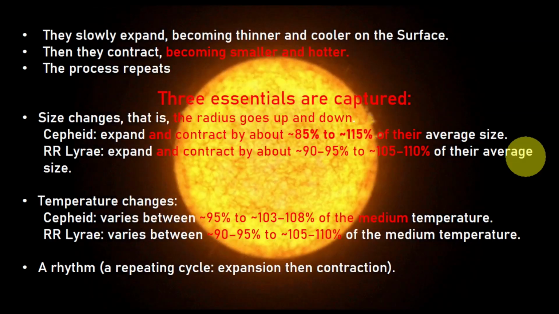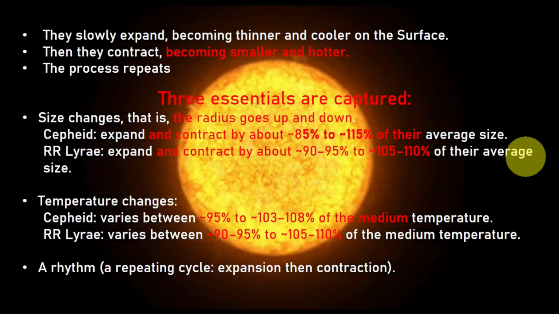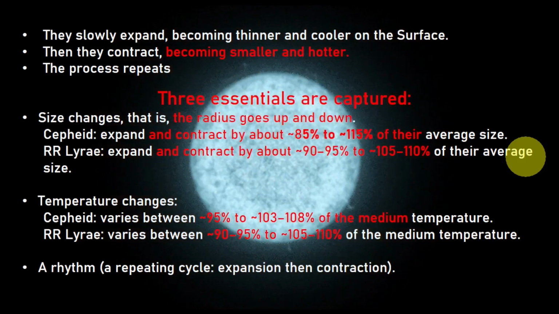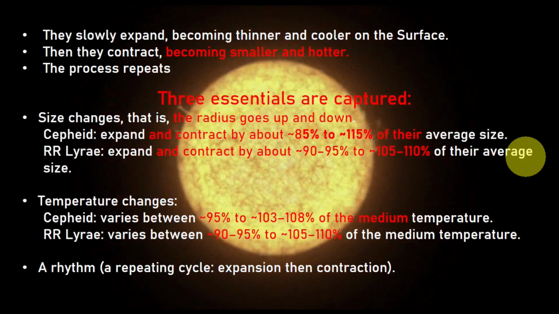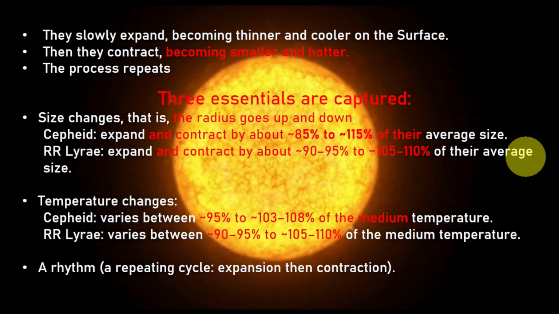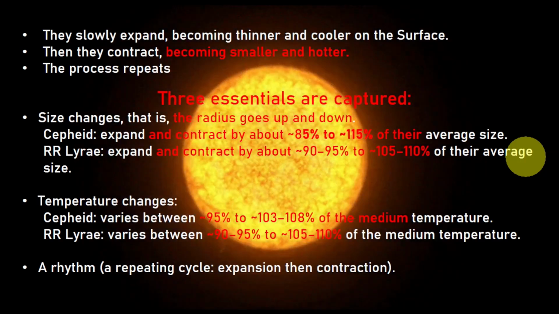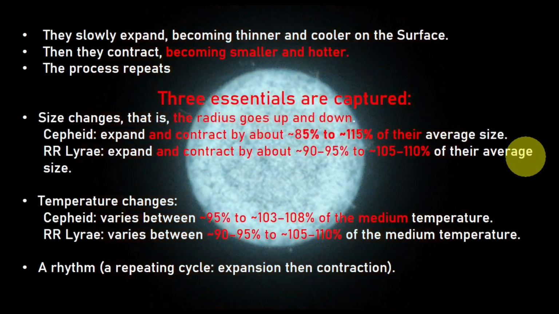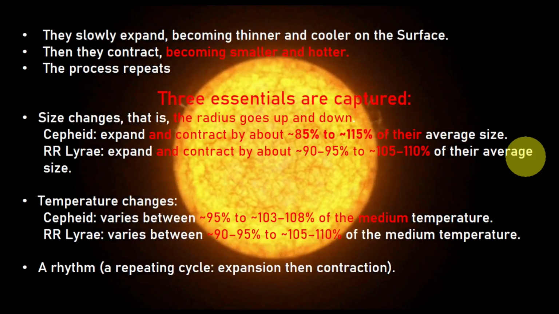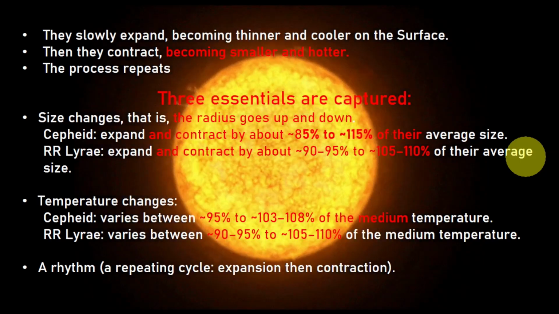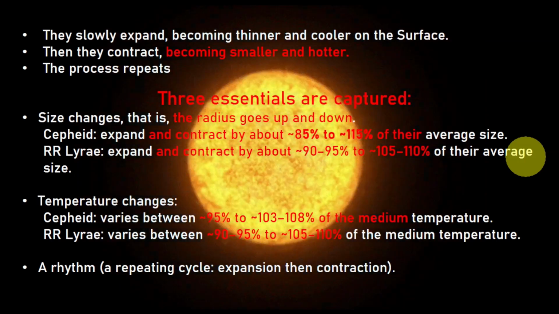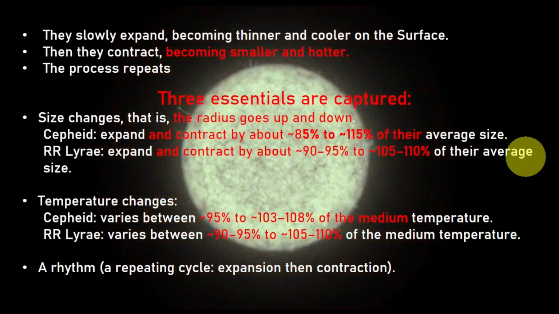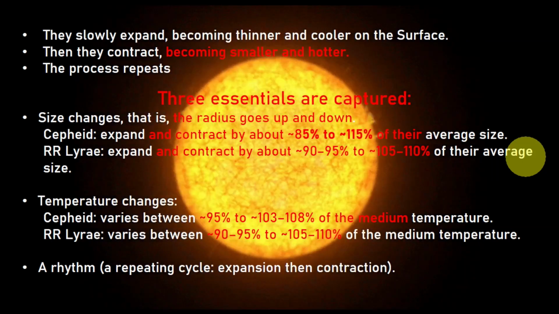Then in terms of temperature, there is also a change in temperature. For Cepheid variables, if the median temperature is 100%, they can lose about 5% of their heat, so it reduces to 95%. And when they contract, they can gain extra 3 to 8% of the median temperature.